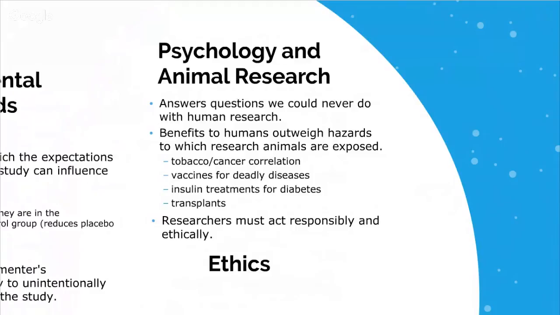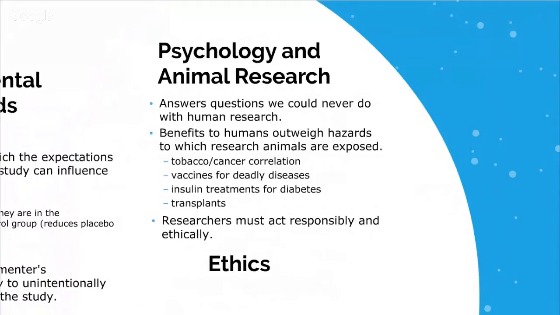That may be controversial to some people, but the experiments that have been conducted on animals in some cases have really contributed to the advancements we've made in modern medicine that can help cure certain diseases or help treat them. One key aspect of animal research is that the benefits to humans must outweigh the hazards that the animals are exposed to.